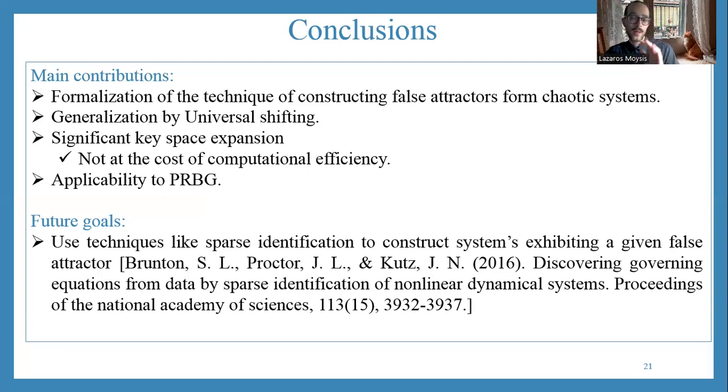If we manage to achieve this, it is going to be something very important, because we are going to have a design that starts from a false trajectory, so a trajectory that is not actually a solution of the chaotic system. And using this trajectory, we may be able to generate a new chaotic system that actually has this false attractor as its actual solution.